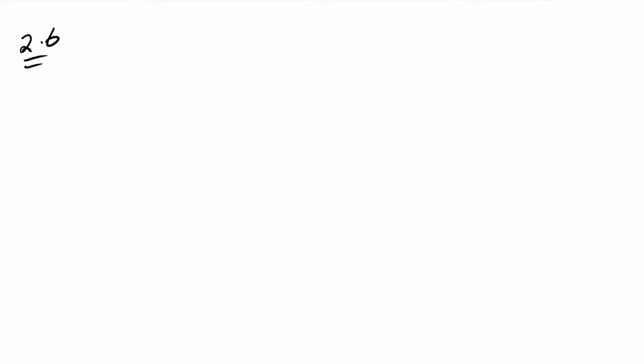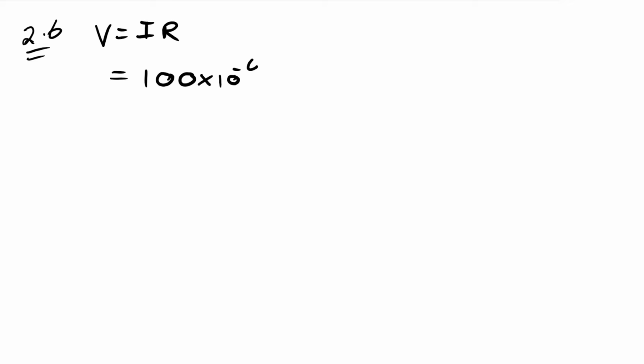2.6, here we have an ammeter. We're being asked to find out what the full scale deflection would be when used as a voltmeter. So V equals IR. What is the maximum current? Well, it is 100 microamps, so 100 times 10 to the minus 6.